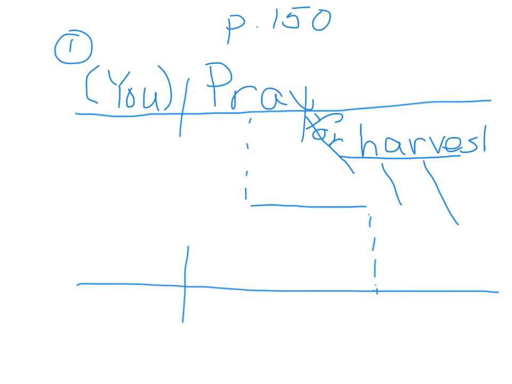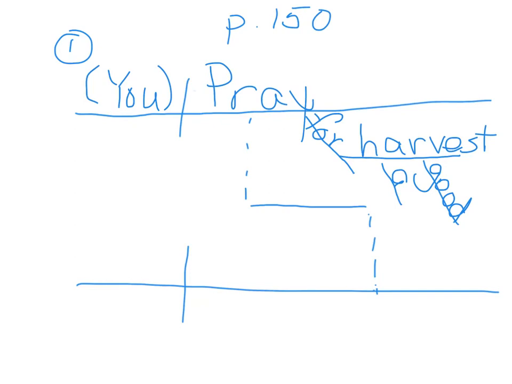Harvest. Oop, I didn't draw my line big enough. Okay. Next, I have my adjectives, which are describing harvest, and I see good. And I need to make sure that I put those in the right order as they appear in the sentence. So I have the first half of my compound sentence diagrammed.